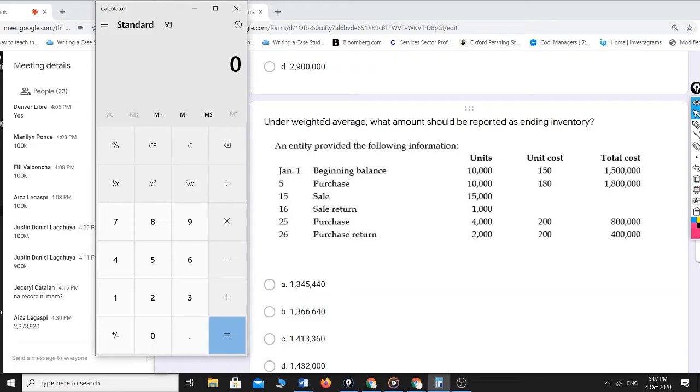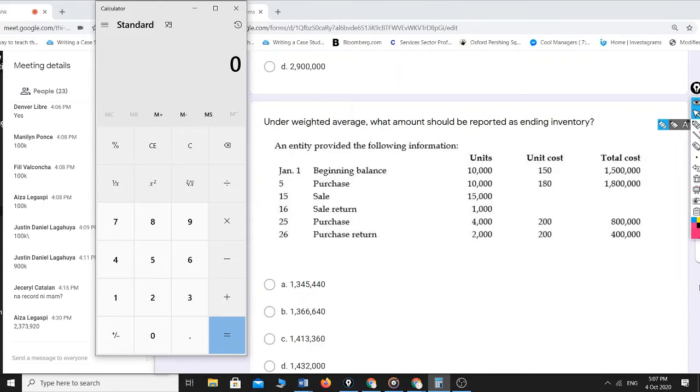So, for us to compute the weighted average, we should first identify the weighted or the average cost of the inventory. Average cost per unit. In order for us to compute the average cost per unit, we will first identify the total amount of goods available for sale and the total cost of those goods available for sale.